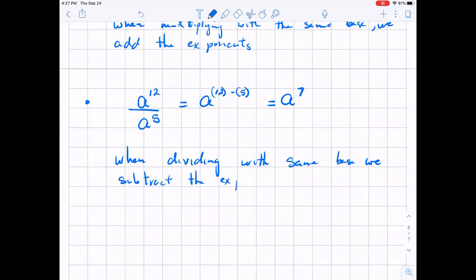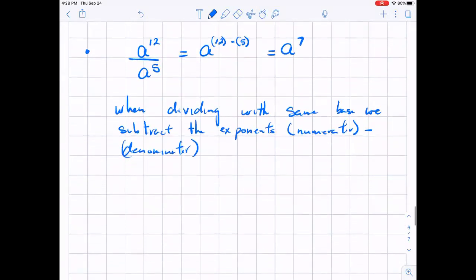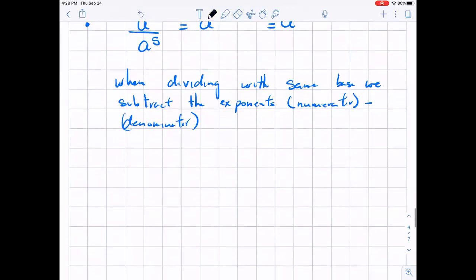And be careful, when we say subtract, it's always numerator minus denominator. You cannot switch the order, okay?